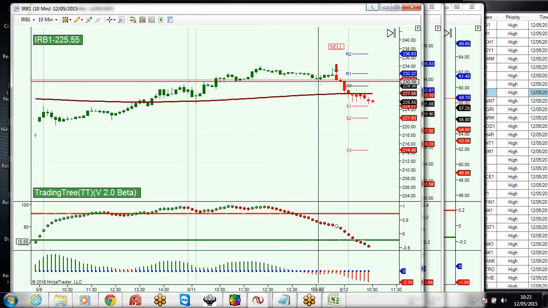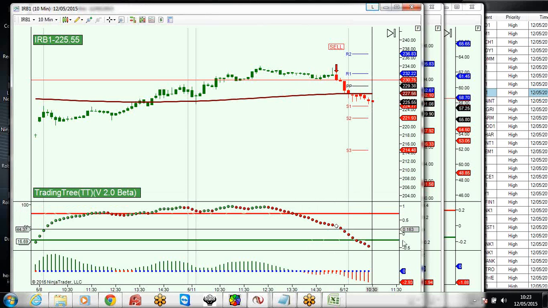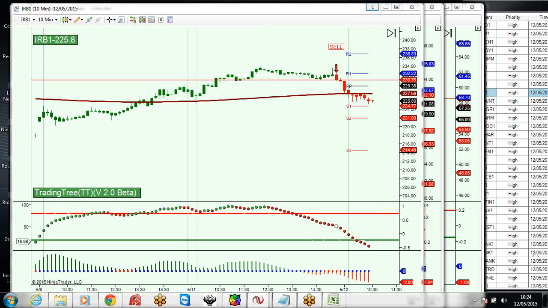230.20 was the short for this. Now it is at 225.55. So you can have R1, R2, S1, S2 as your target levels.